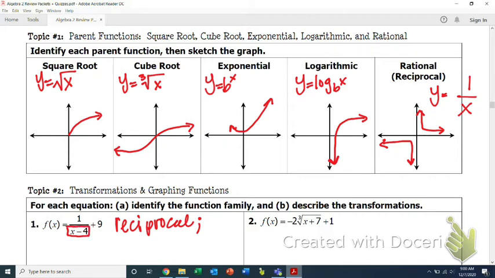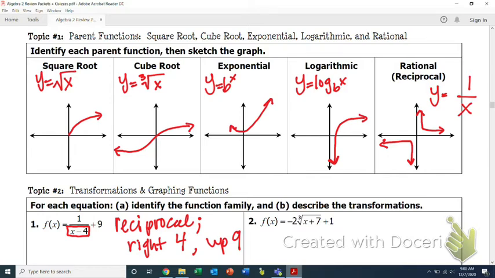Horizontal is like in the parentheses or in some brackets or in the absolute value. In this case, it's in the bottom. Same thing. All you're doing is thinking, well, x minus 4. When I see that and it's a horizontal asymptote, I know that means it goes right 4. That 9 on the outside, that's our vertical, and obviously you know that it goes up 9. If you wanted to, you could graph that and it would show you all that as well.